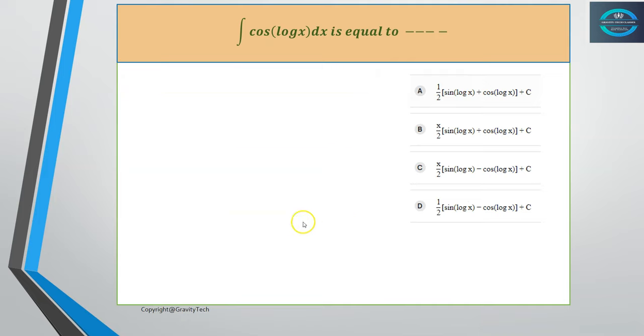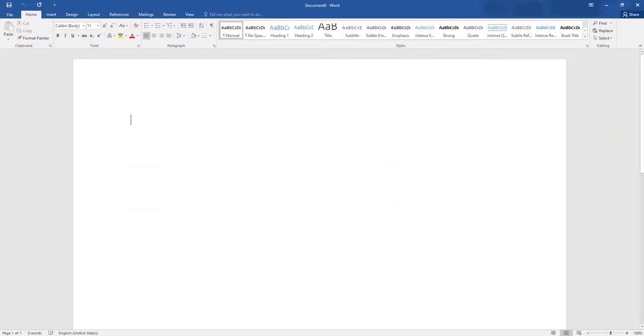Now next, what they are saying is: the integration of cos of log x is what? This is again not a hard example, but yes, you might think of it as a lengthy example. Let's see now how to use it. This should be done by integration by parts, that is the u into v rule.